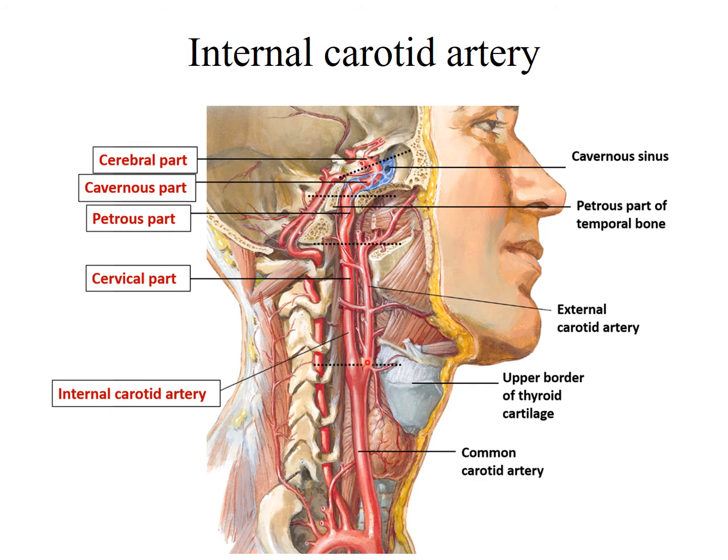Yes, this common carotid artery divides into two branches. That is the external carotid artery, where I am showing with the pointer. This is the external carotid, and this is the larger deep branch, the internal carotid artery.